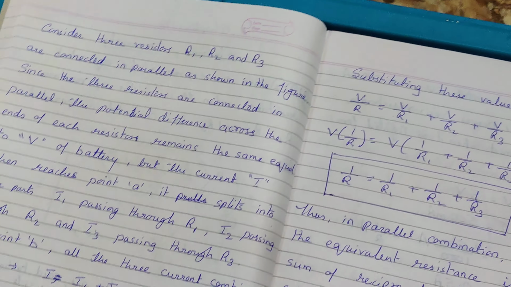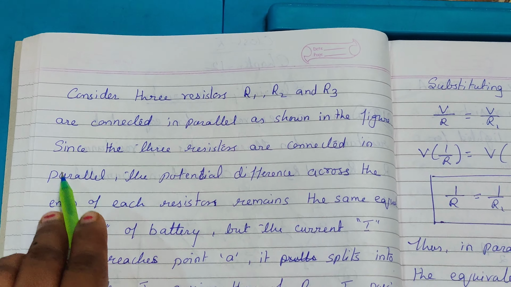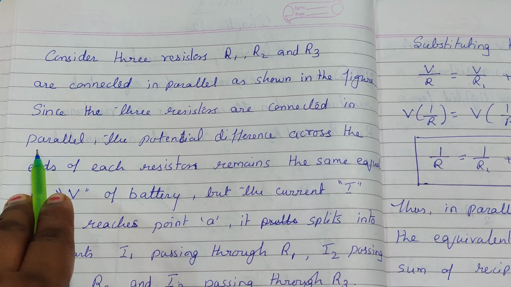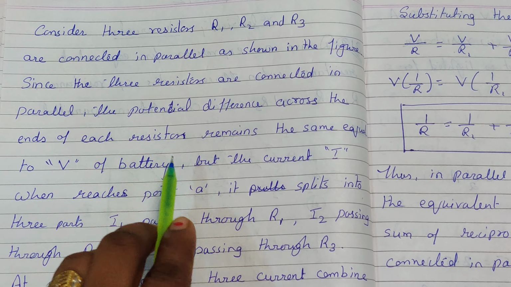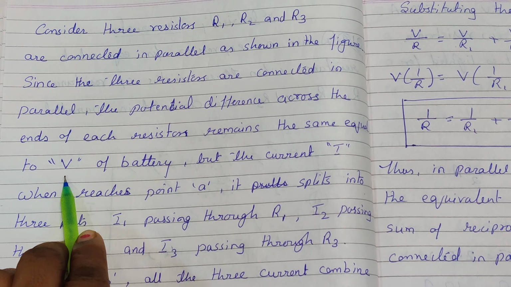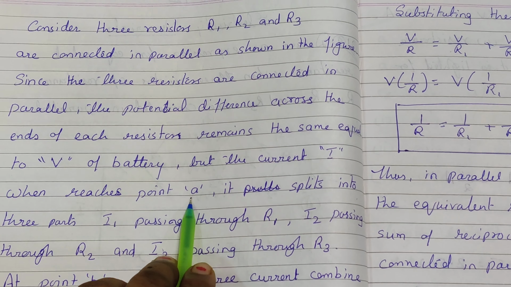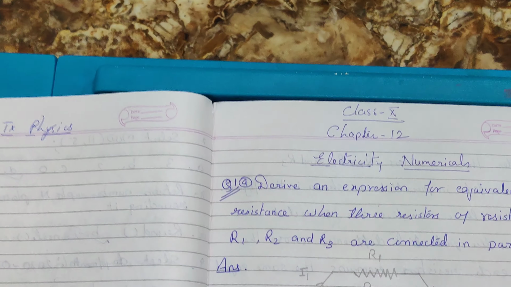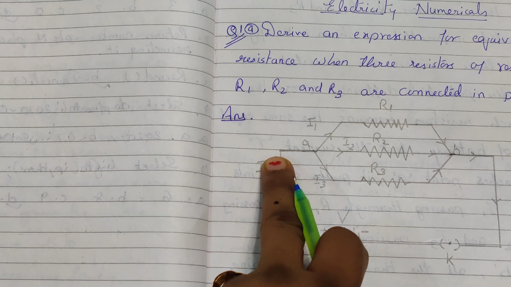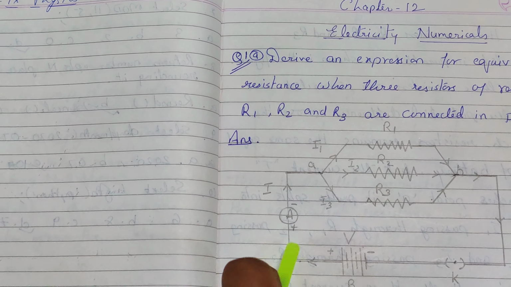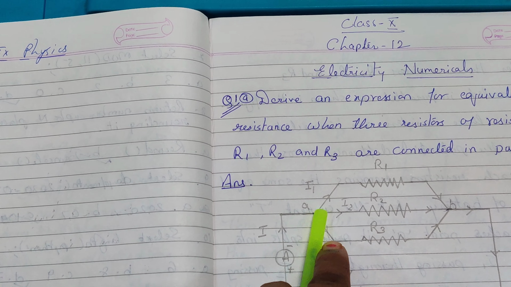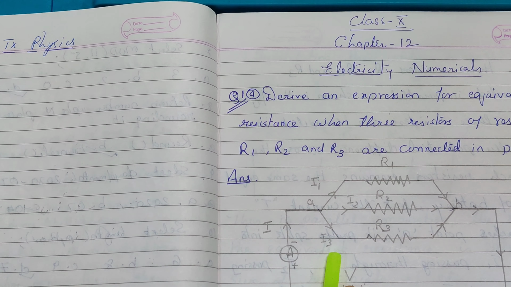When these resistors are connected in parallel, the potential difference across the ends of each resistor will be same, V, and the current I, when it reaches point A, splits into three parts, I1, I2 and I3.